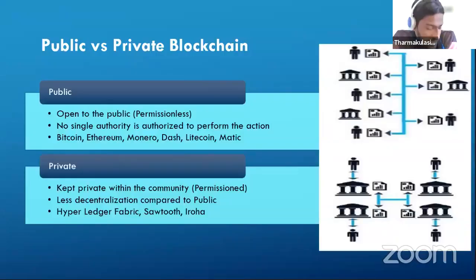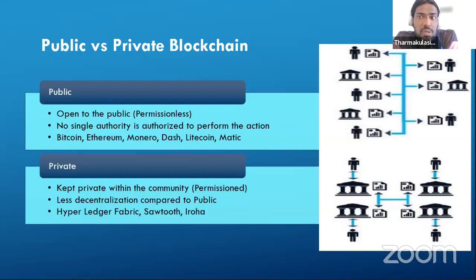Another direction blockchain evolved in is private blockchain. The public blockchains are permissionless. Anyone can join, mine, or view. There is no authority to authorize such actions. Everyone has equal priority. Bitcoin, Ethereum, Monero, Dash, Litecoin, Matic, all of these are public blockchains.